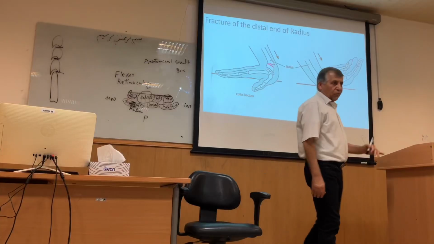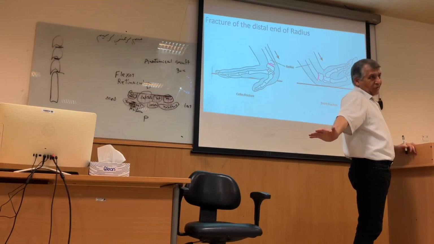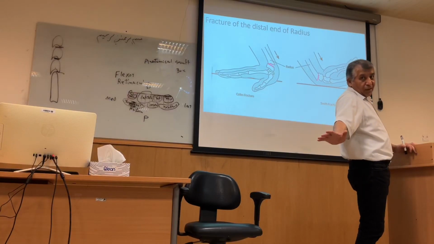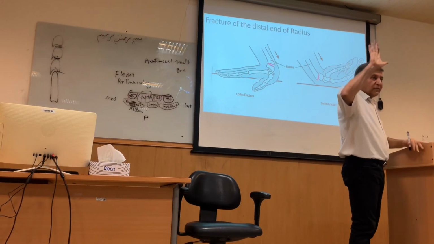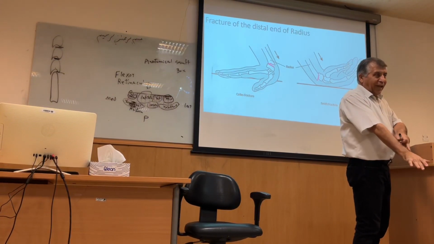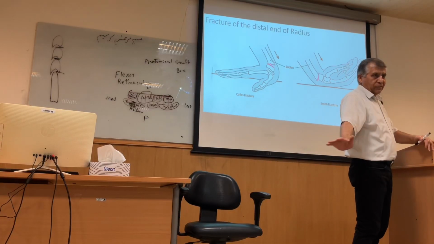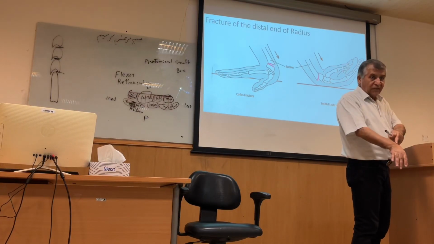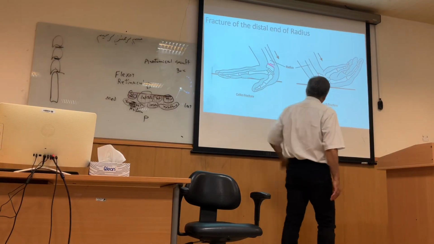When I fall on an outstretched hand, on the palmar surface of the hand, the distal end of the radius fractures and moves backward.